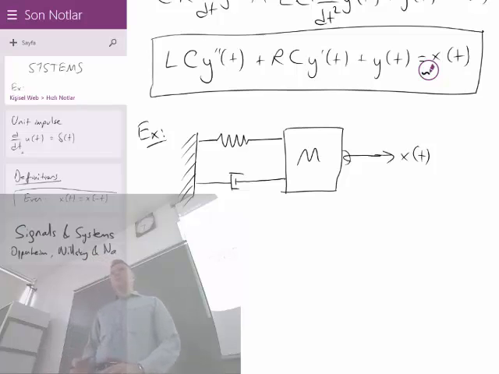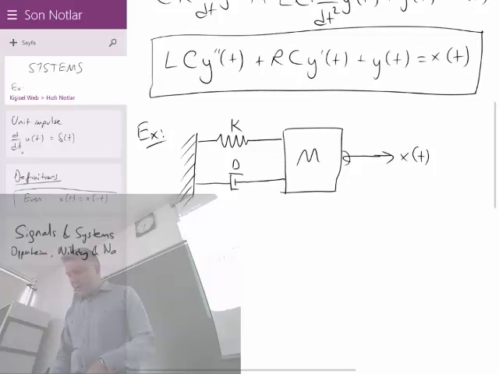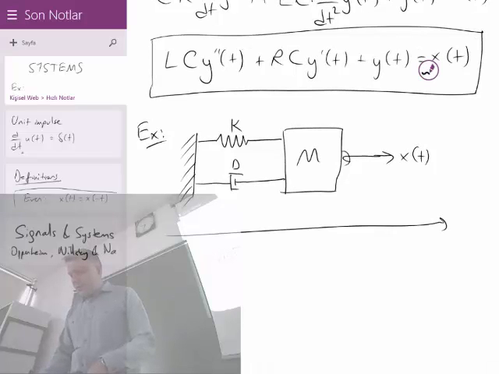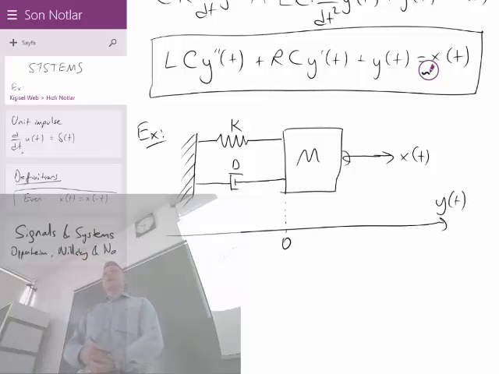This is your input. The coil constant and the damping constant are k and d, and the mass is m. And this is your measurement of the position for the mass, and this is position 0. And the position that I want you to measure is the output, y of t.